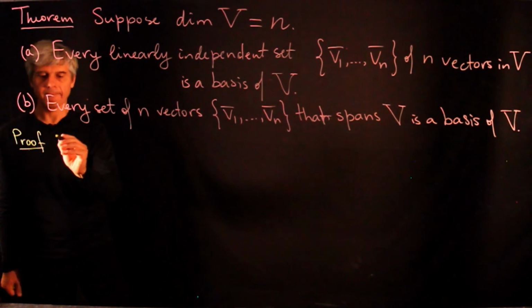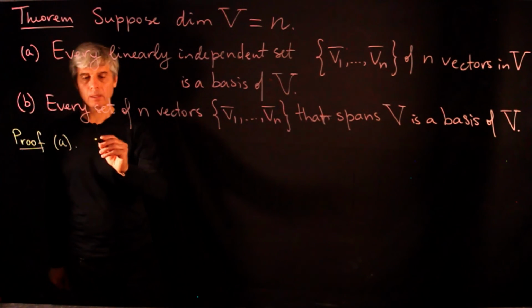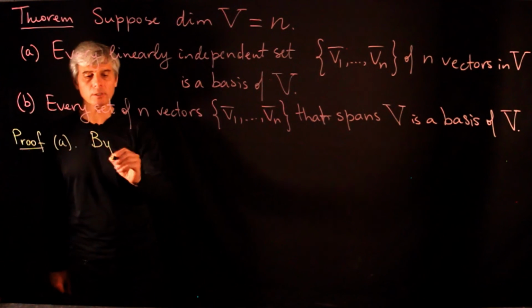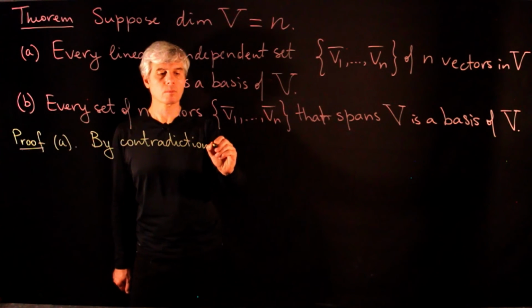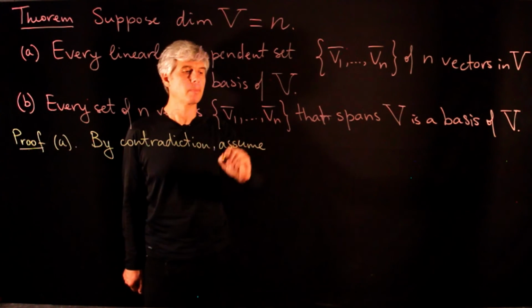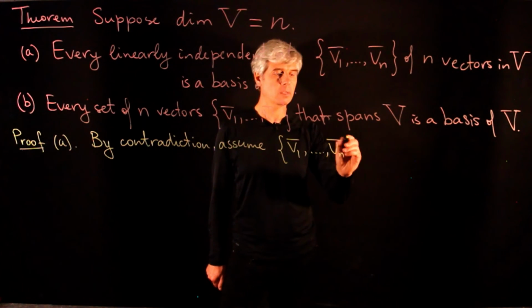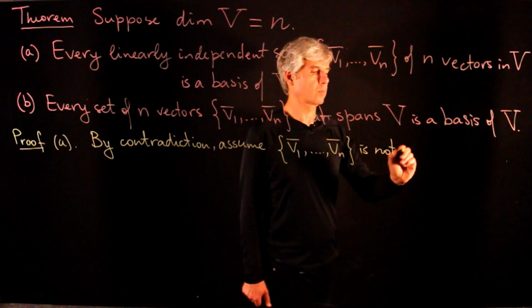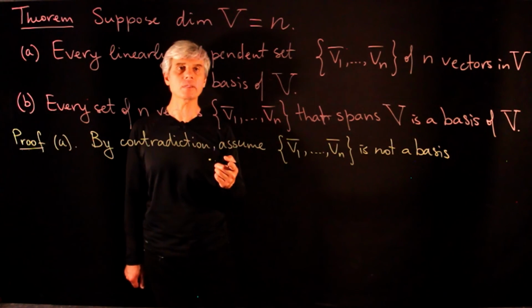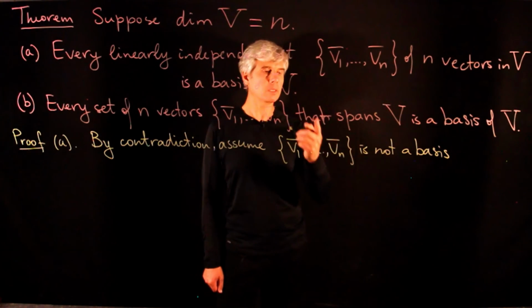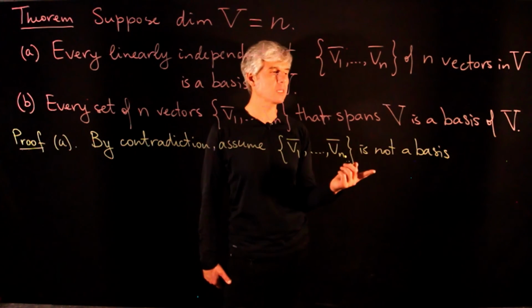So we start with part A. And again, we're going to use the method of contradiction. So by contradiction, assume that the set V1, ..., Vn is not a basis. Well, a basis is something that's linearly independent and spans V. But if it's not a basis, then either linear independence fails or the spanning property fails.